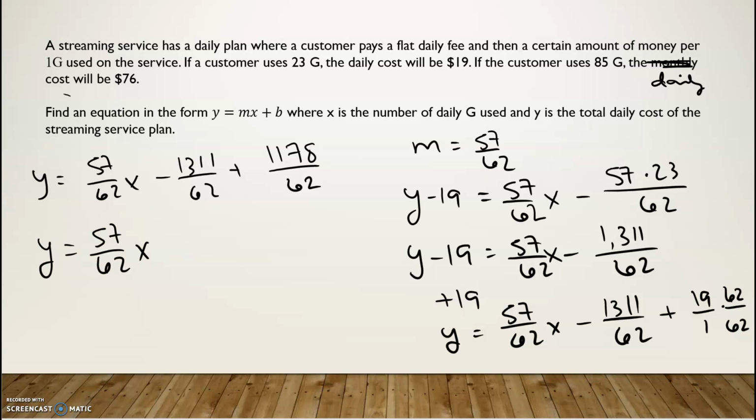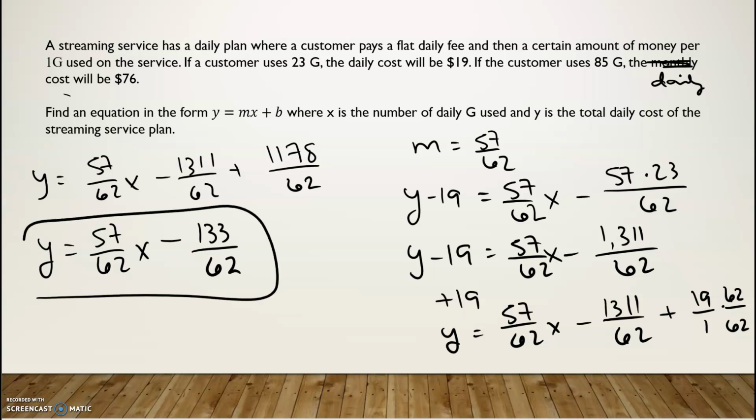Okay, and then what we have is basically negative 1,311 plus 1,178 all over 62. That gives us negative 133 over 62. Okay, so there's our equation for the cost of the streaming service plan, where y is the cost, x is the number of gigs that you use daily.